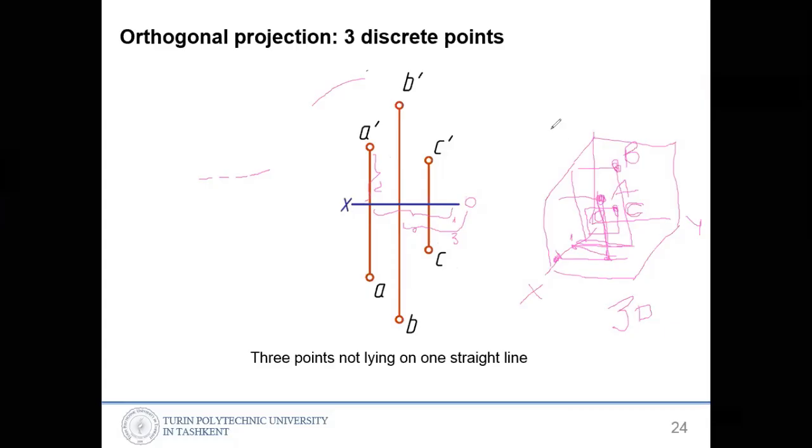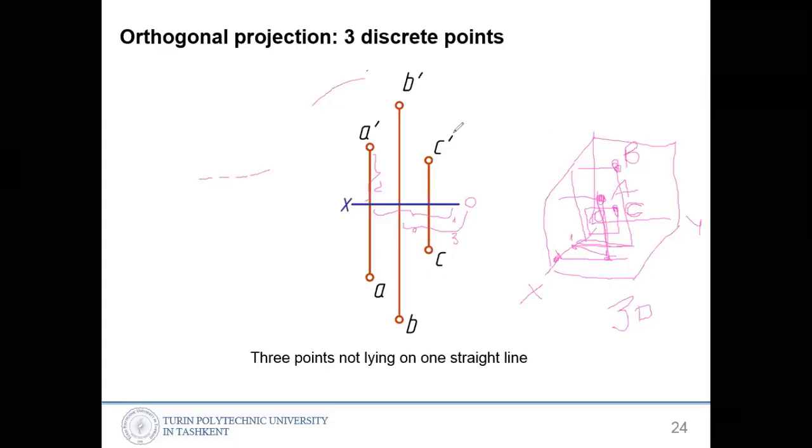So that means three points are given. If in the examination it is asked, okay, how many points can you see? You have to answer only three points, three different discrete points are given. Okay, so not six points.